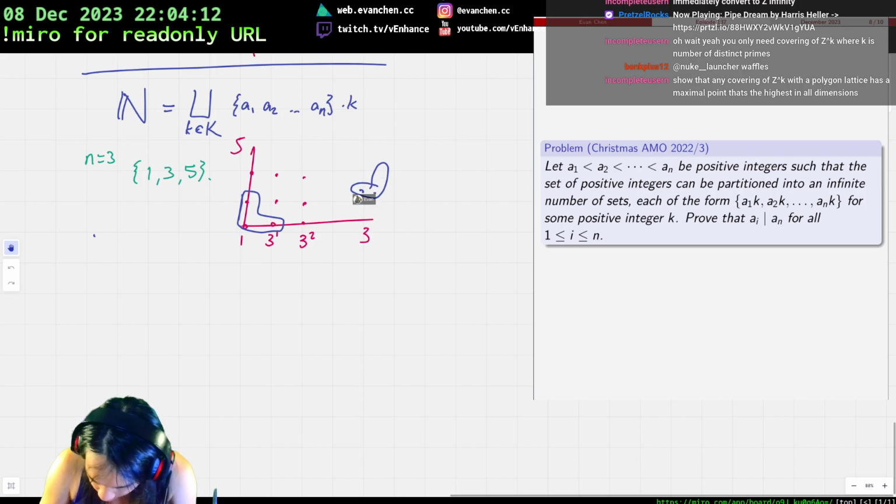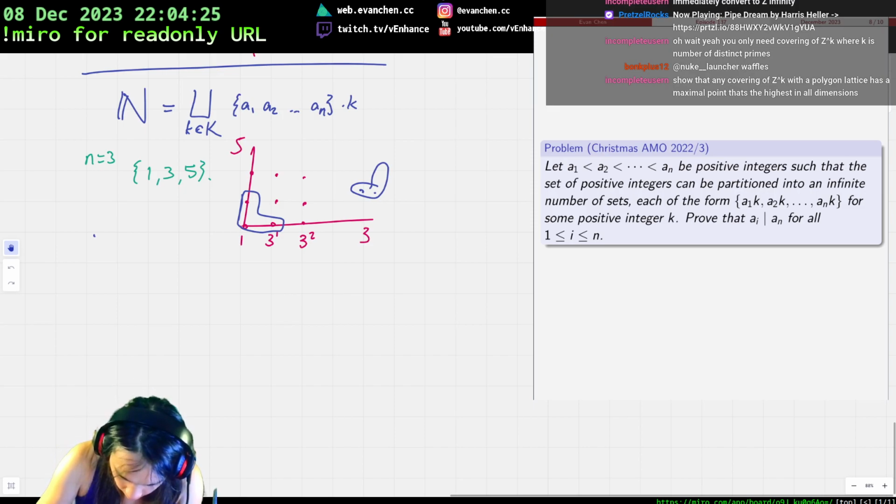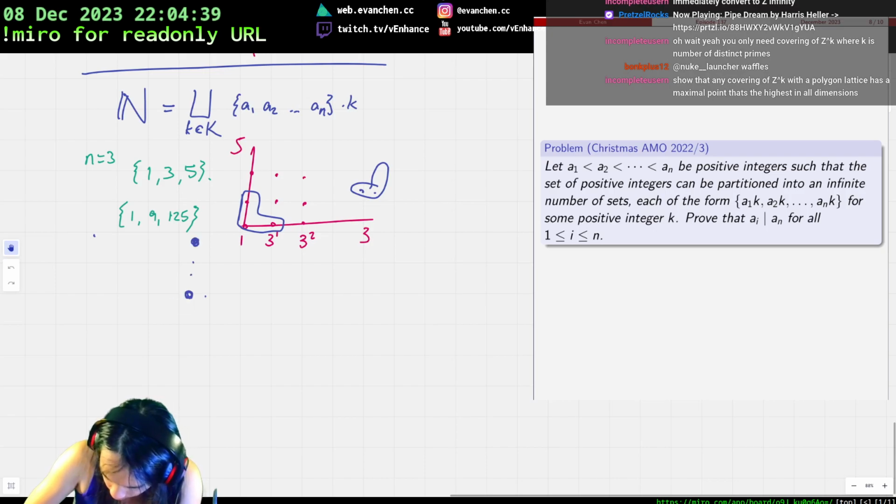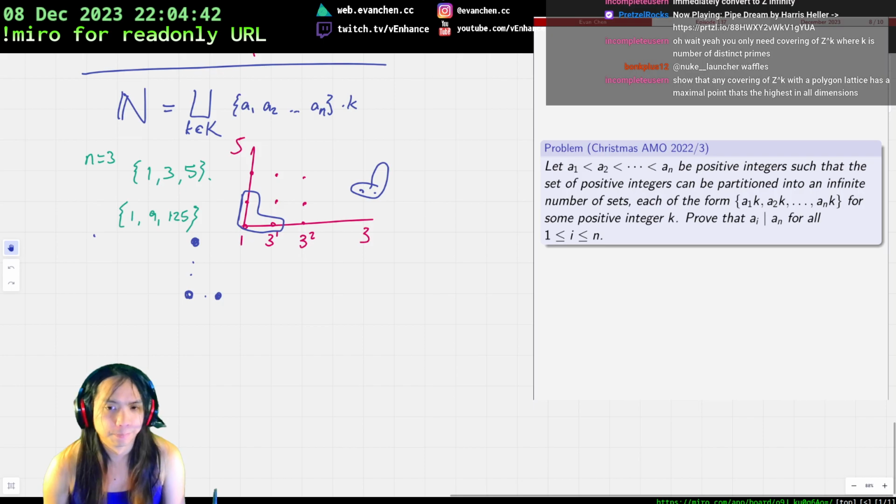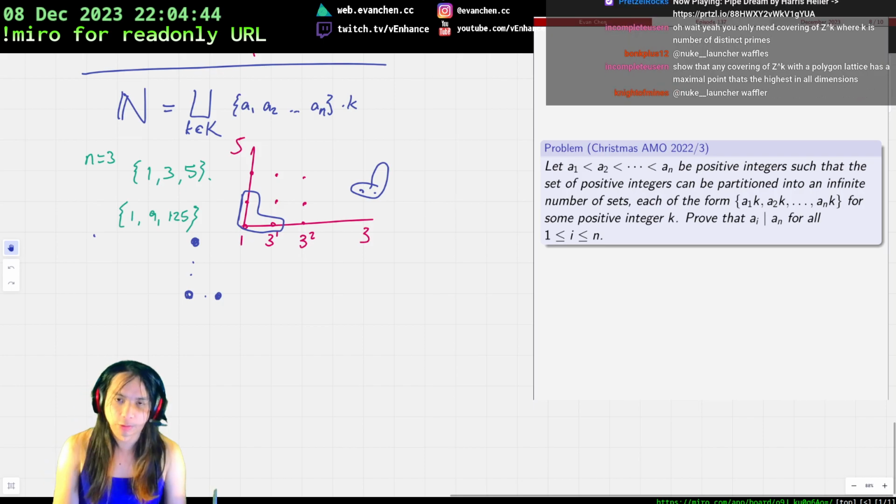You can also consider something like 1, 9, 125 as an example. This is a set that looks like this. Can you partition positive integers like this? The answer also turns out to be no, but it's less obvious why.